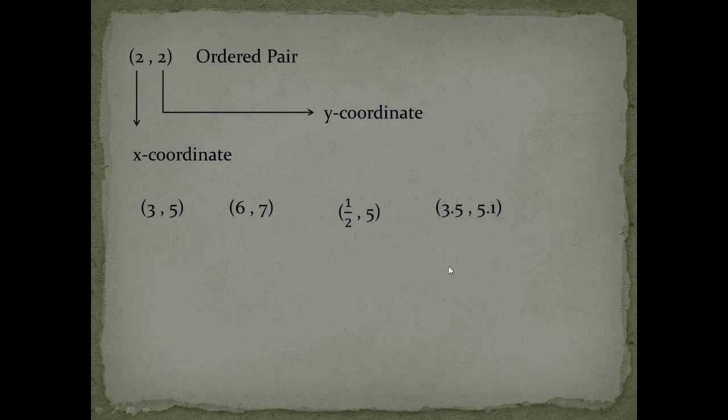Once we find those numbers, we just mark it. And as we can see, it can be any number, right? So, in general, an ordered pair looks like this. It's in the form (x, y), where x can be any number and y can be any number. In this case x is 3 and y is 5, x is 6 and y is 7, and so forth.